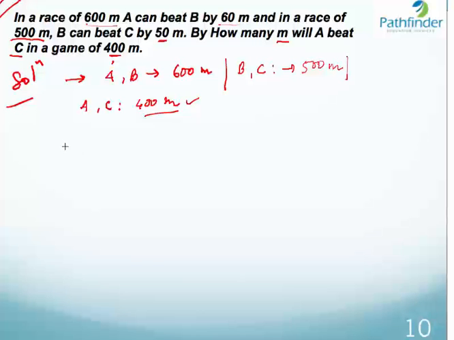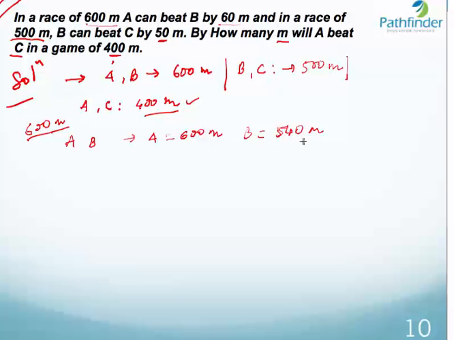Now first and foremost, in the first race, which is of 600 meters, A races with B, and A beats B by 60 meters. That means when A travels 600 meters, B must travel 60 meters less, so 540 meters.